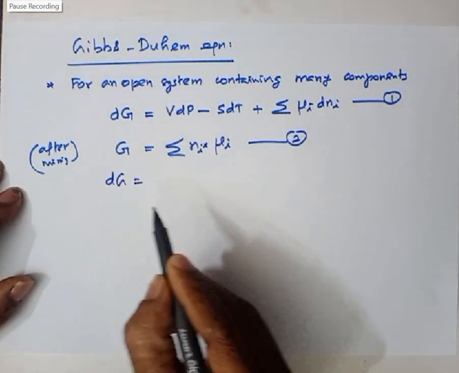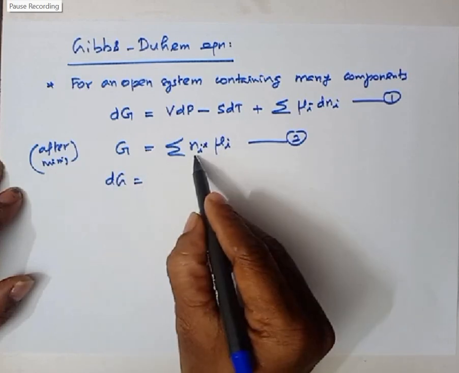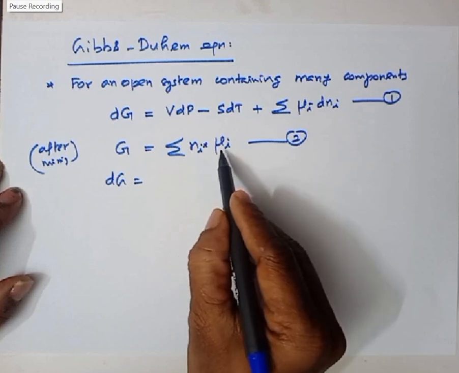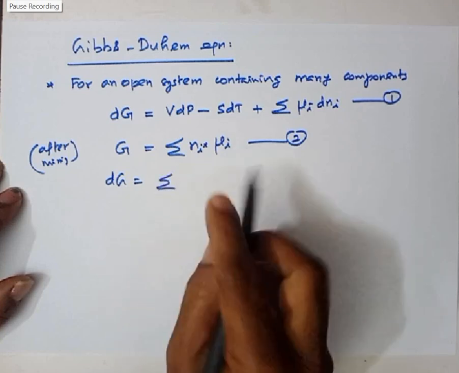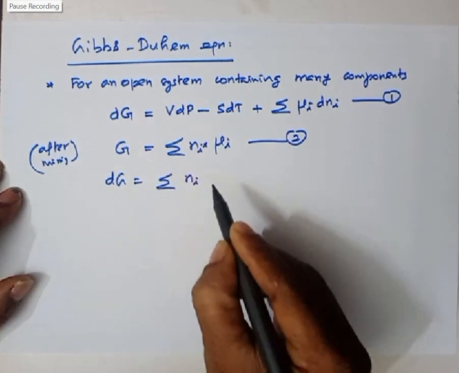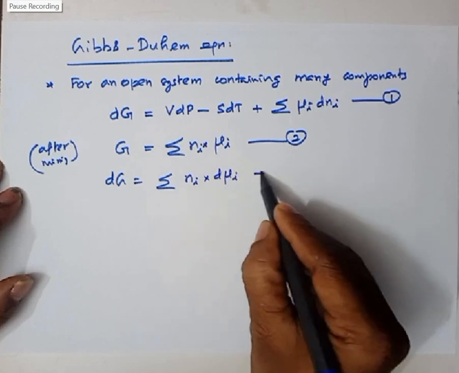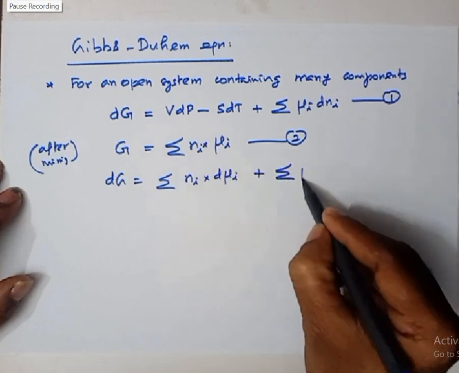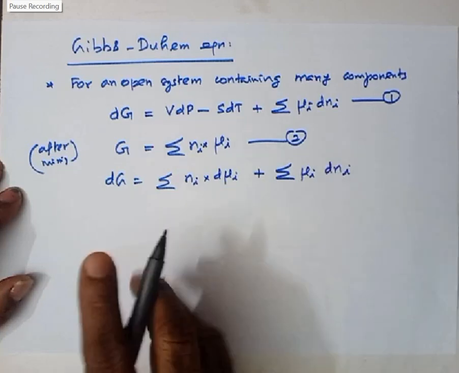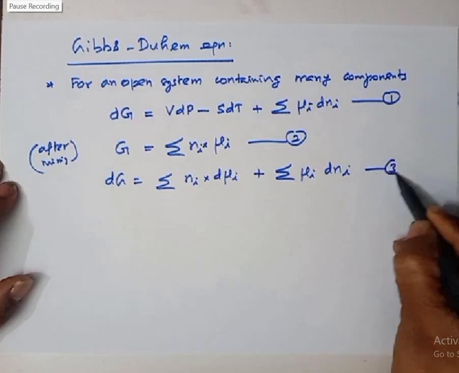The change occurs either due to the change in the number of moles or due to the change in mu I. So I differentiate using the UV method. First keep Ni as such and differentiate mu, so you get Ni d mu I, plus, keeping mu I as such and differentiating Ni, mu I dNi. I'll take this as equation number 3.